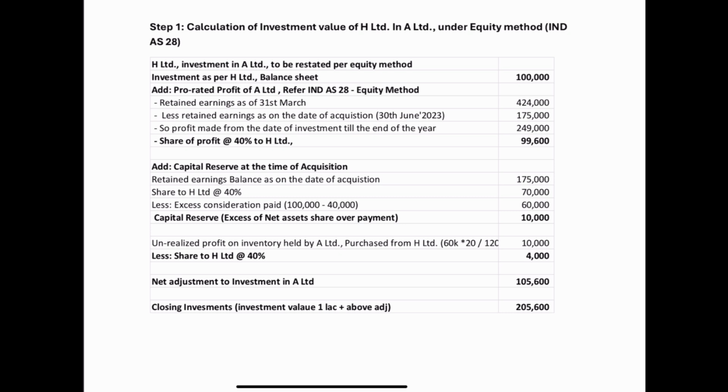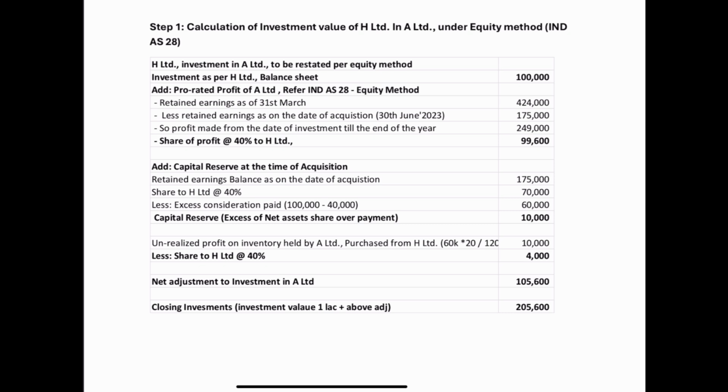So which means the margin made is 10,000. So the cost would be 50,000, and margin 20% of 50,000 is 10,000, and total value 50 plus 10 is 60,000. Okay, so this 10,000 needs to be eliminated, but not the entire 10,000. On 10,000, A Limited share is H Limited share at 40%, that is 4,000 rupees. So this needs to be subtracted from the investment.